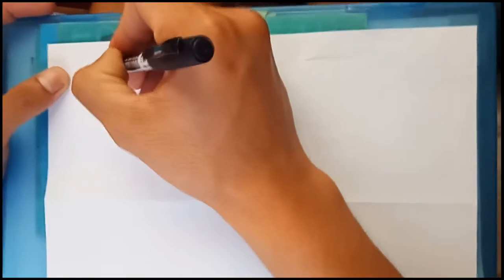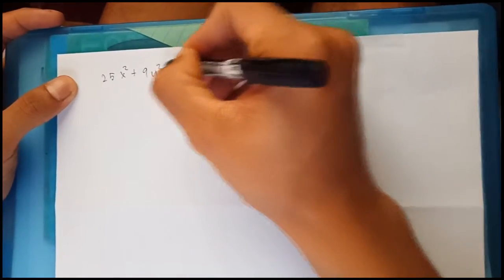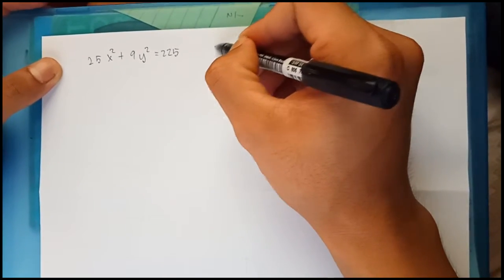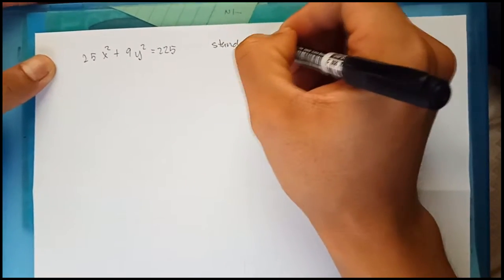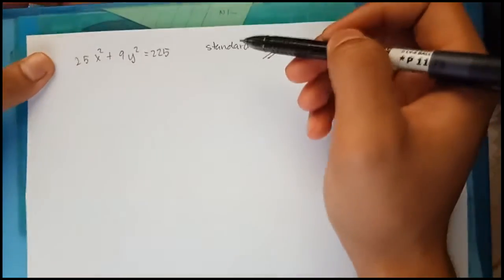So our first problem is to convert the equation 25x squared plus 9y squared equals 225 to standard form. This given is in general form.